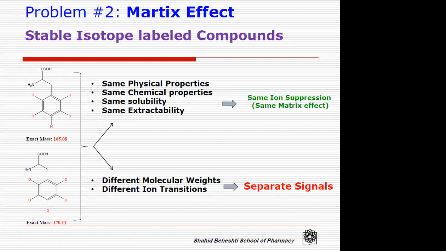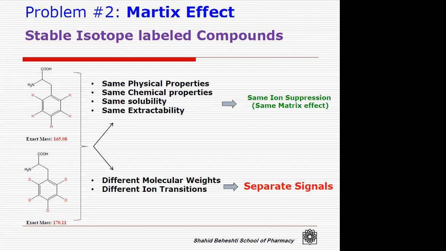These are the compounds that we make in the lab. These are not natural. They are called stable isotope labeled compounds. These are the compounds that we make by replacing the natural isotopes with their different isotopes, for instance, deuterium instead of hydrogen.